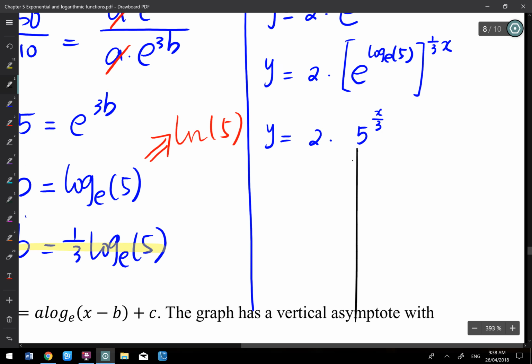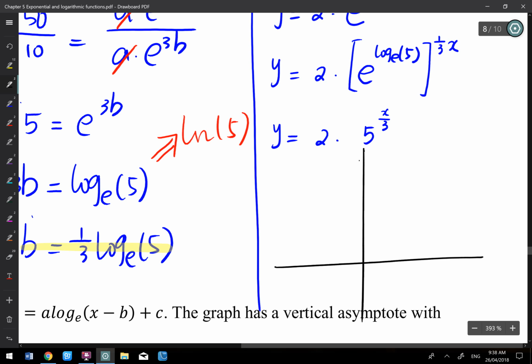And if you think about the equation, what does the graph look like? We have x and y, and also we have 0, 2.